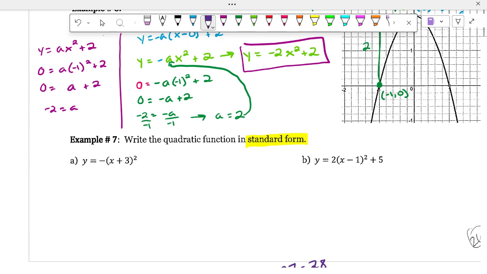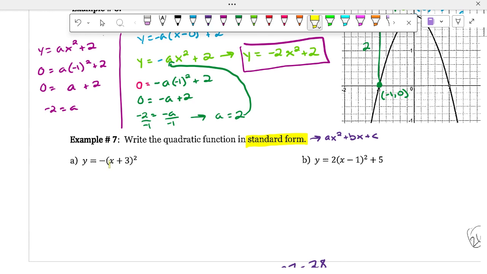So remember, standard form is what? Right, ax squared plus bx plus c. That's what we're converting it to. So, first off, we got to do some expanding. So if I look at letter A, we are not going to start by distributing.